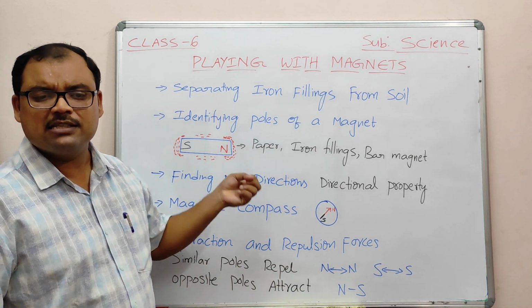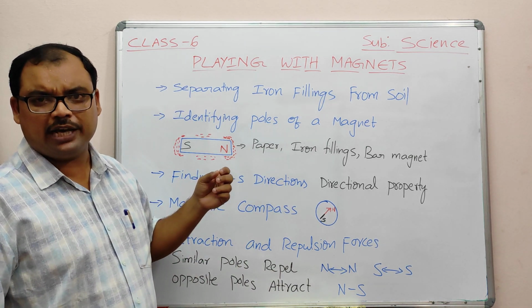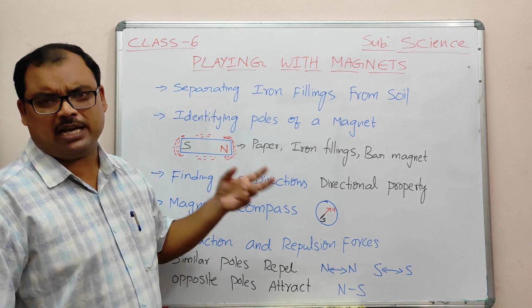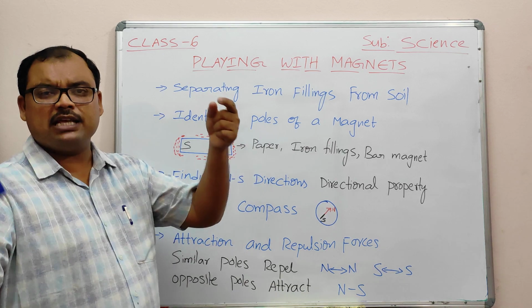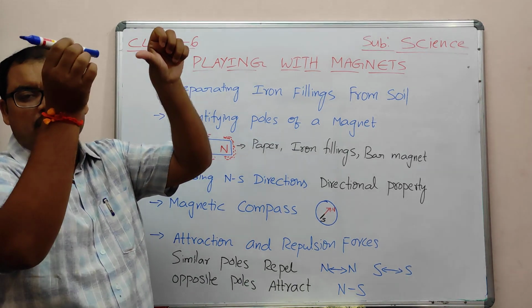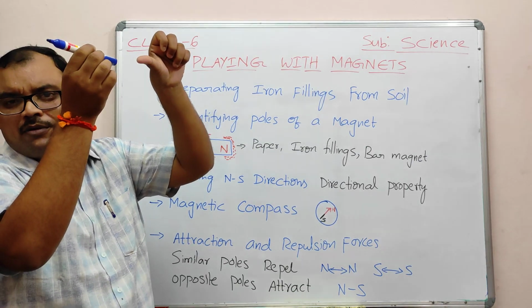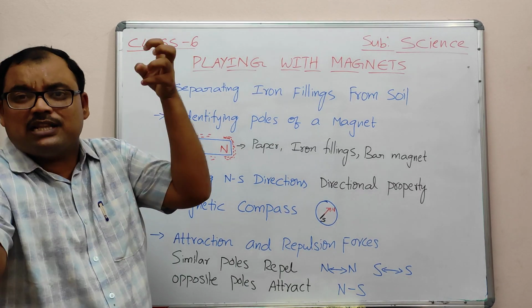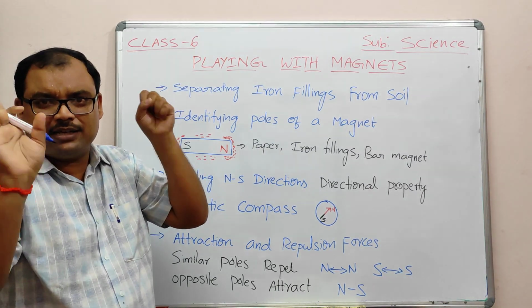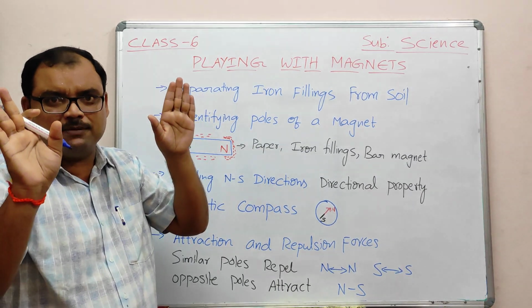North and south poles. Now, take two bar magnets and face two north poles or two south poles together. What will happen, you know? They repel. You can feel something is pushing them.